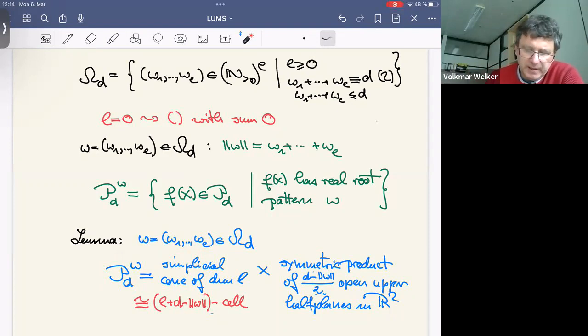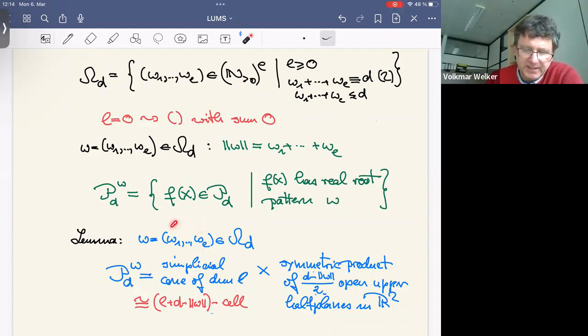So here we have roots, L different real roots. And the way we describe this root pattern, omega 1 belongs to the smallest root and omega L belongs to the largest real root. And there is a less or equal inequality between the roots.